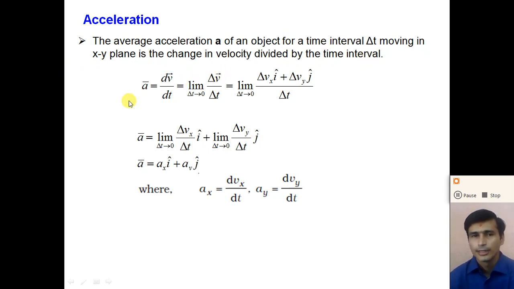So from that, the average acceleration a is equal to dv by dt, or we can say the limit as delta t tends to 0 of delta v by delta t, right? Here delta v is the change in the velocity.